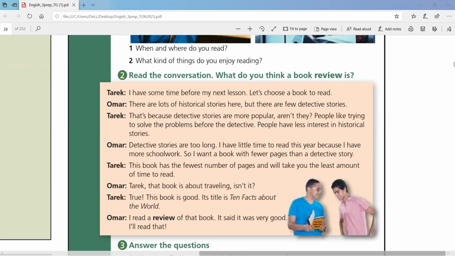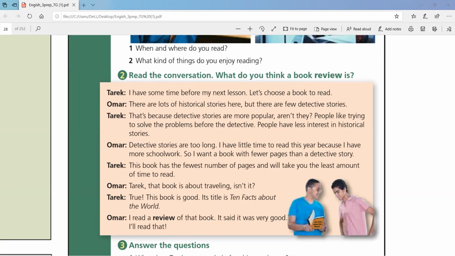Listen carefully. Tariq, I have some time before my next lesson. Let's choose a book to read. Umar, there are lots of historical stories here, but there are few detective stories. Tariq, that's because detective stories are more popular, aren't they? People like trying to solve the problems before the detective.